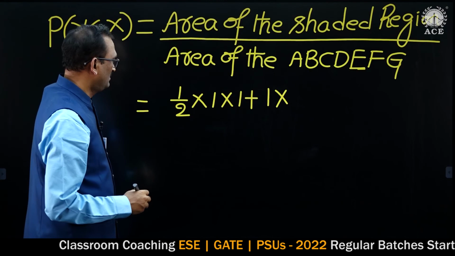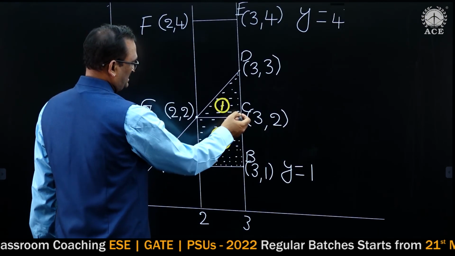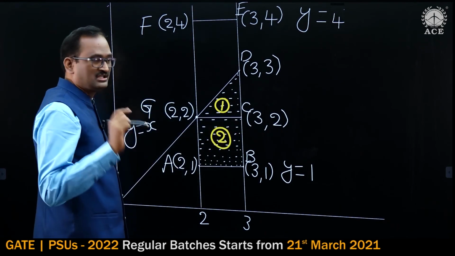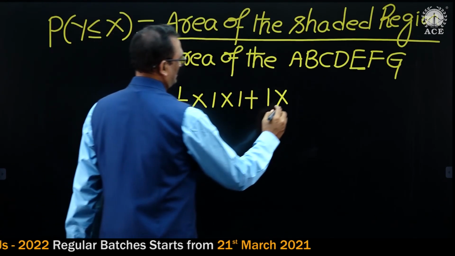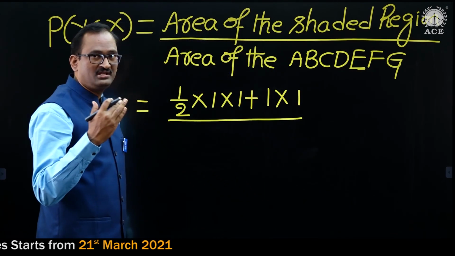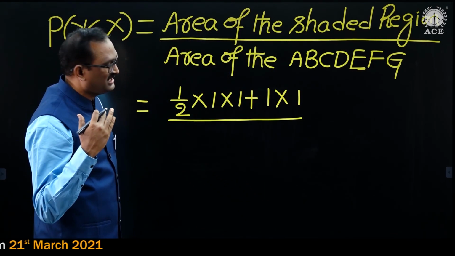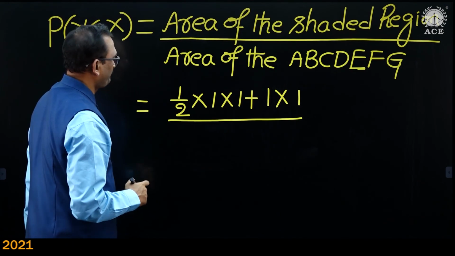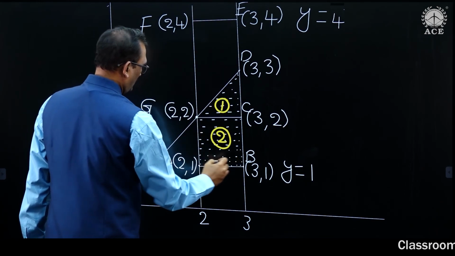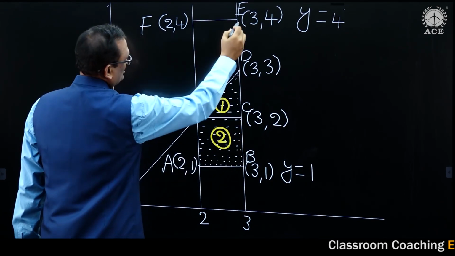Another side BC is the distance from 3, 1 to 3, 2. That is also 1 unit. Divided by the denominator, area of the whole rectangle ABCDEFG, that is side into side.